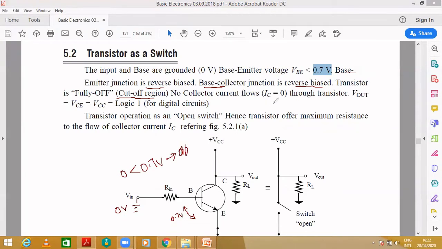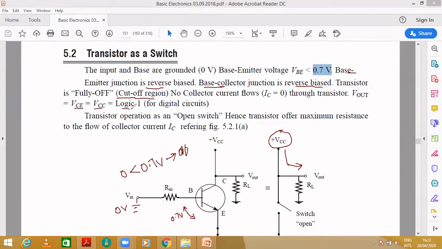The collector junction is also reverse biased. When the transistor is in the off state, the switch is automatically open. Hence, there is no current through the collector. Once there is no current through the collector, the supply, that is plus VCC, goes directly to the output voltage. So Vout becomes equal to VCE or VCC.